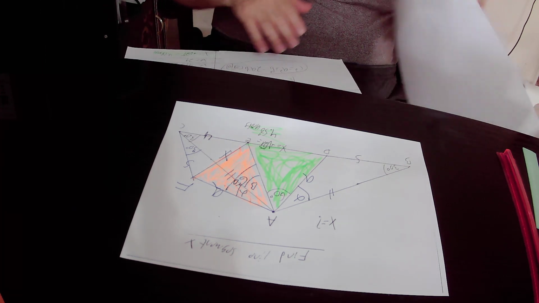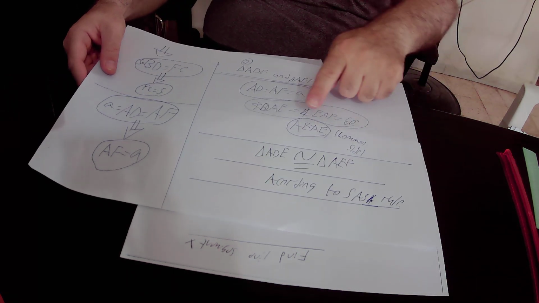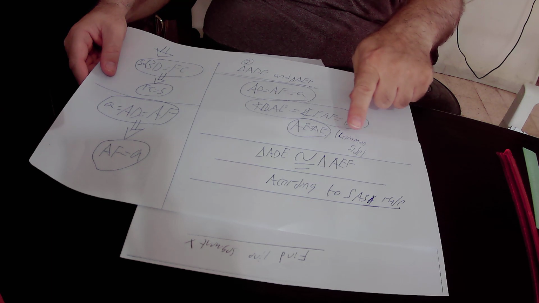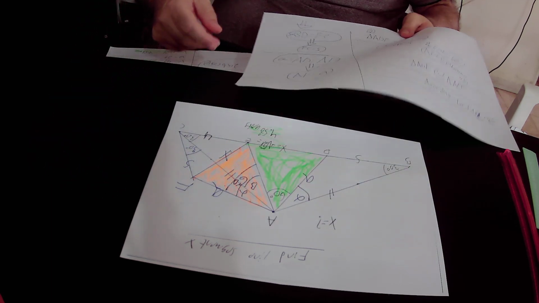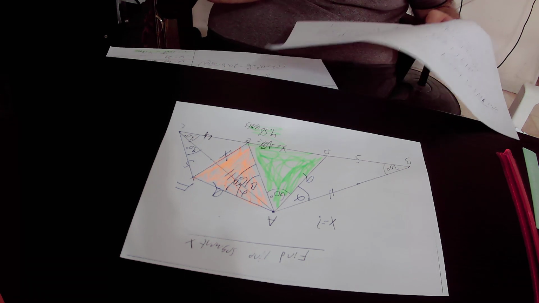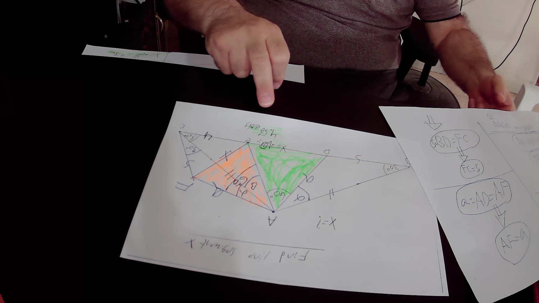Here, triangle ADE is congruent to triangle AEF according to the side-angle-side rule, and from the fact that the green triangle is congruent to the orange triangle, we conclude that DE equals EF.